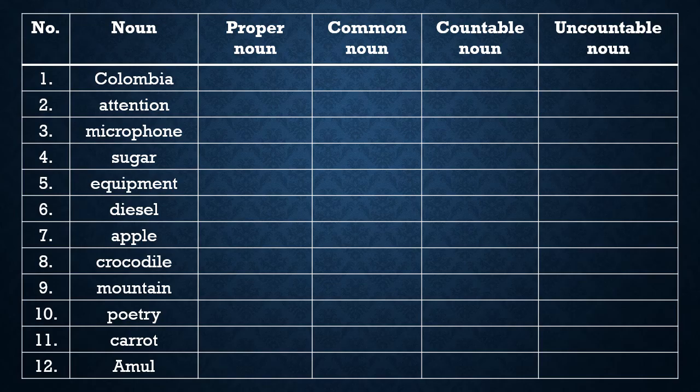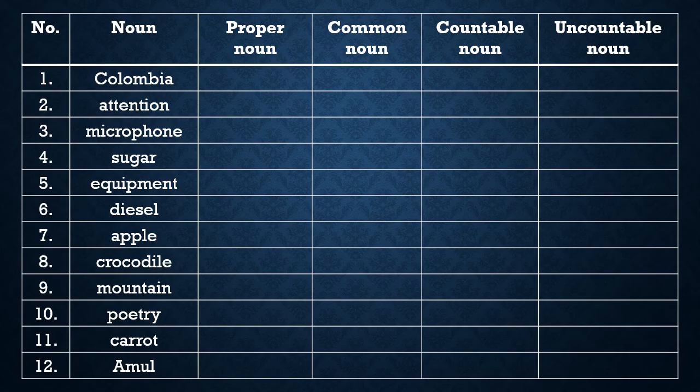First noun is Colombia. Does it fall in proper, common, countable, or uncountable? After understanding the kind of noun, you have to put it into the appropriate category. Then your answer will be checked as correct or incorrect and you will be given marks accordingly.